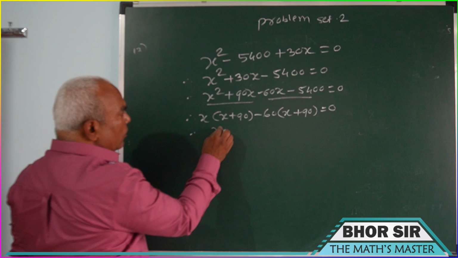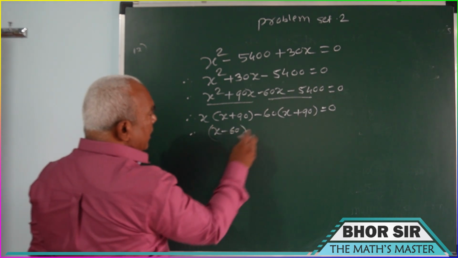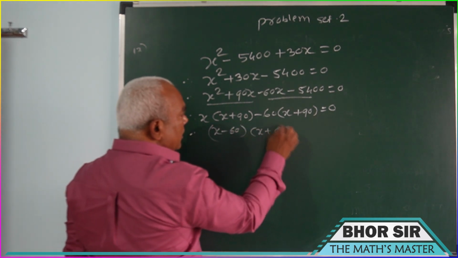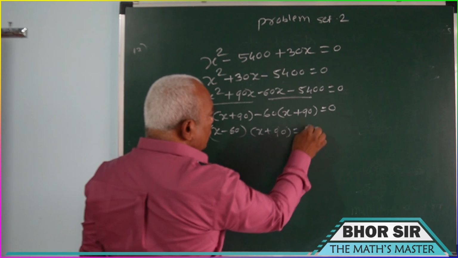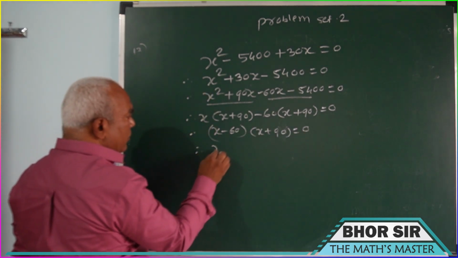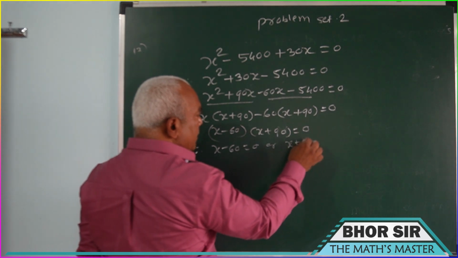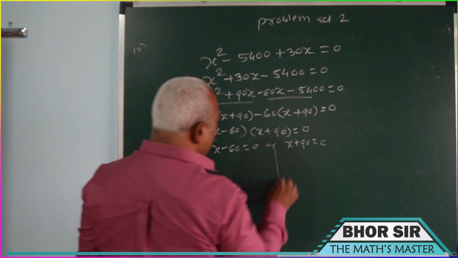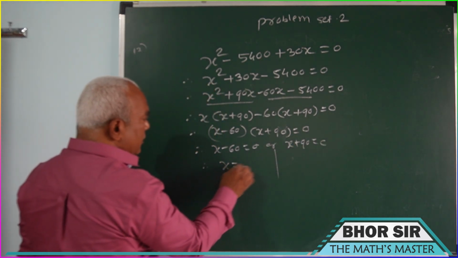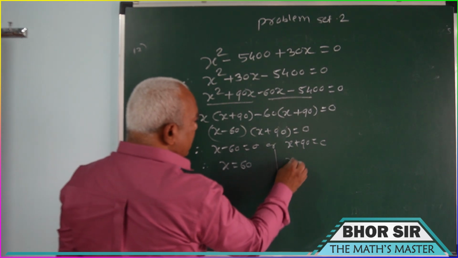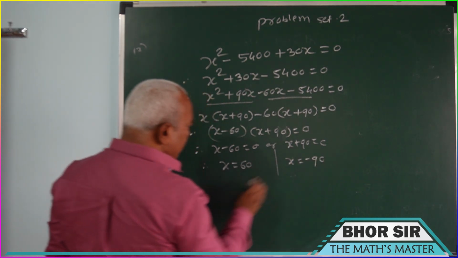Double brackets in one time: x minus 60 and x plus 90 is equal to 0. Therefore, x minus 60 equal to 0 or x plus 90 equal to 0. Therefore, x equal to 60 or x equal to minus 90.